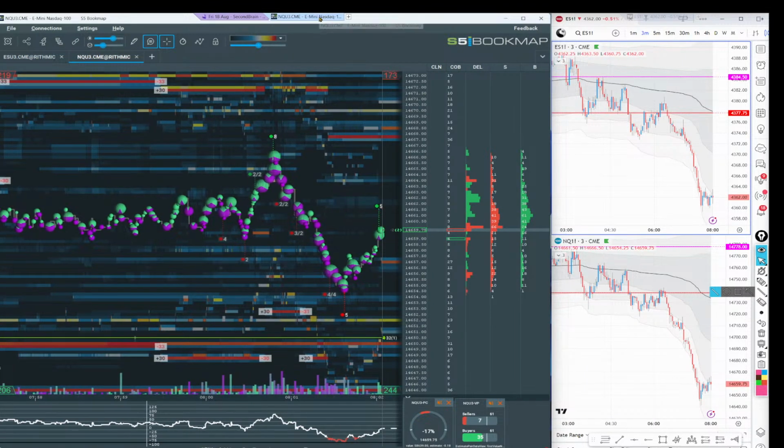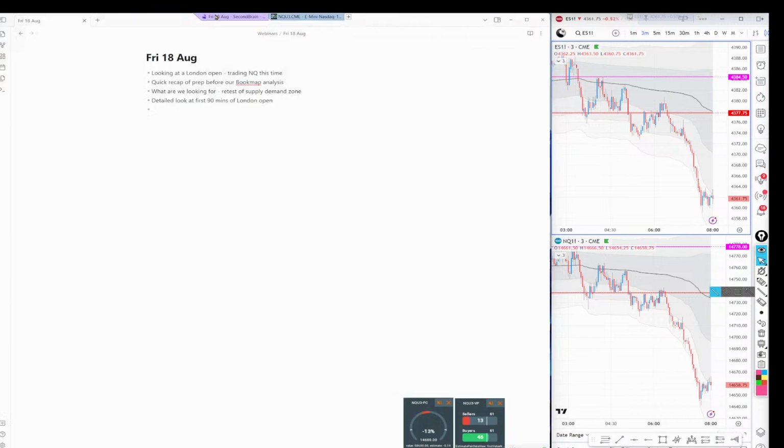Okay, let's have a quick look at what we're going to do today. The main focus of this hour, and I'll be spending most of it on this, is trading NQ at the London Open. That's NASDAQ. I'll go into why we'll do it, and we'll be looking at it on quite a micro basis, the first 90 minutes. We're going to do a quick recap of the prep that we discussed about a week and a half ago, before we ever get into any form of trading.